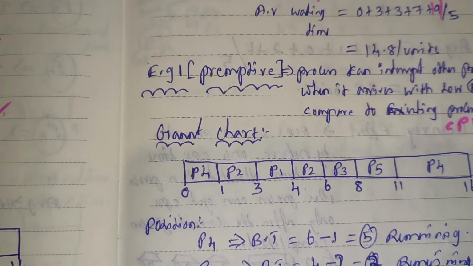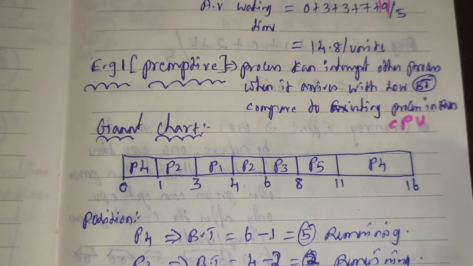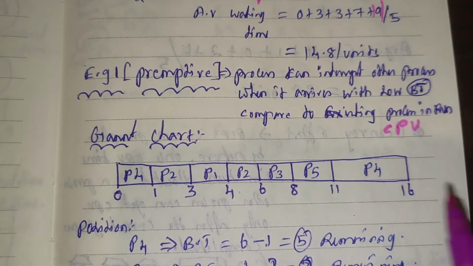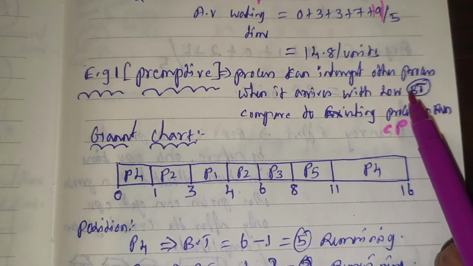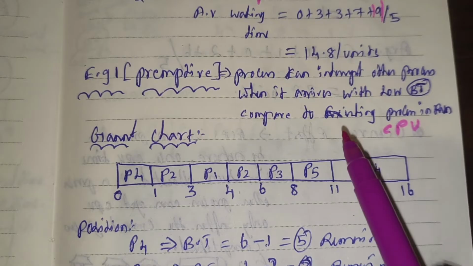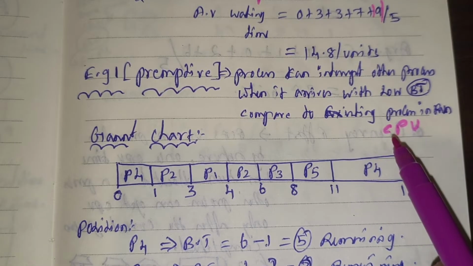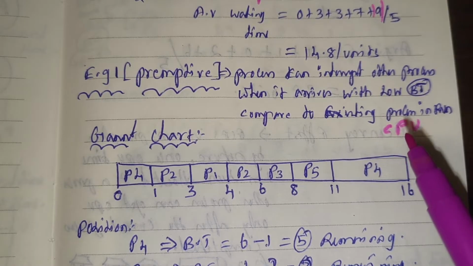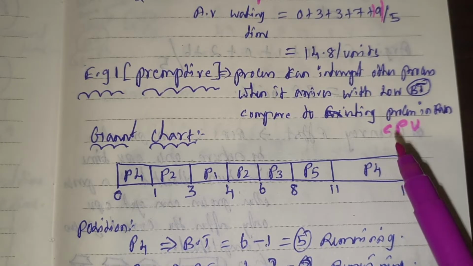So now this is the example I have taken. Preemptive CPU scheduling is all about interrupting when a process has a lower burst time or a higher priority, so that it can interrupt the current process which is already running inside the CPU. In non-preemptive, once the process has taken the CPU, it will complete the task and will not leave the CPU until it completes.